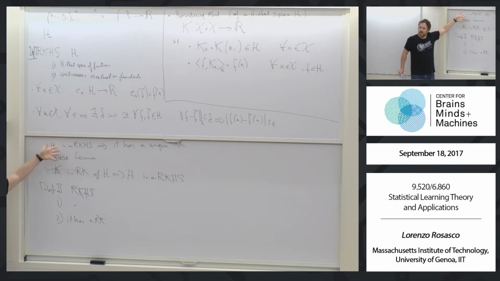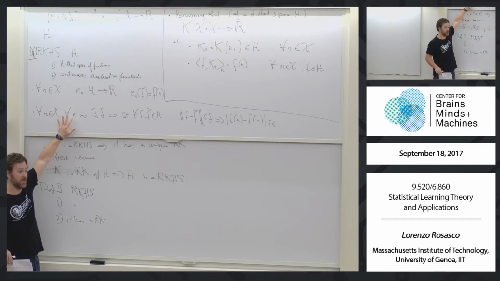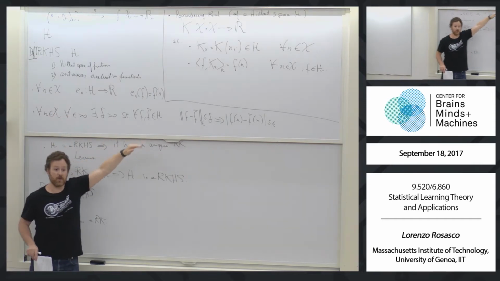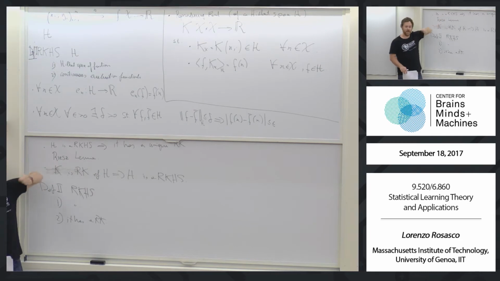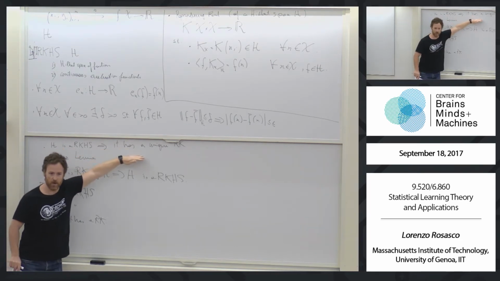There is a bunch of stuff to digest here, but I'm just trying to put some order. What are the implications? Today, you often have to remember what you know and what you don't know, in the sense of what you define. What are the assumptions and what are the consequences? For example, in this definition, there are no reproducing kernels. There I introduced the reproducing kernel, and then here I made the connection. So I assume I have no reproducing kernel, and then I find out that I have one.